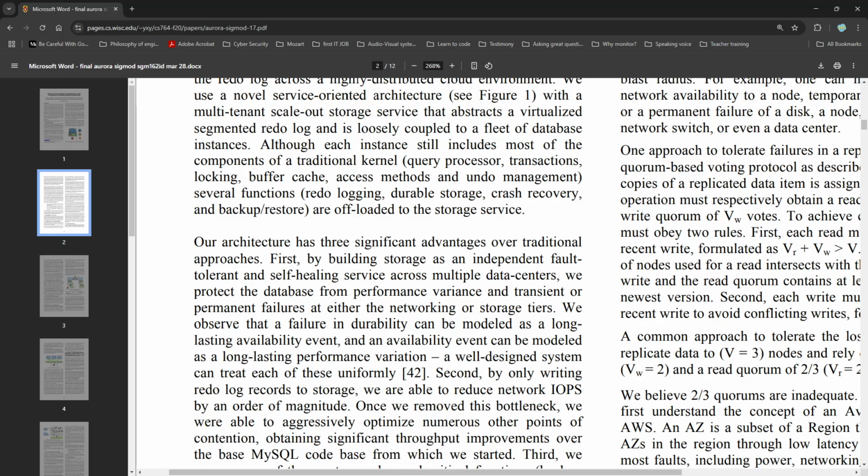Although each instance still includes most of the components of a traditional kernel: query processor, transactions, locking, a buffer cache, access methods, and undo management, several functions are actually offloaded to the storage service. We offload redo logging, durable storage, crash recovery, and the backup restore functionality. All those things are offloaded to the storage service.